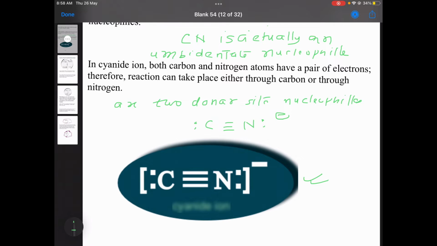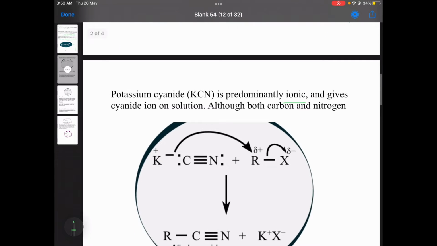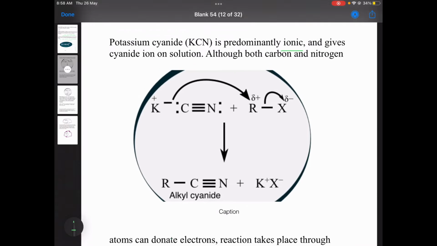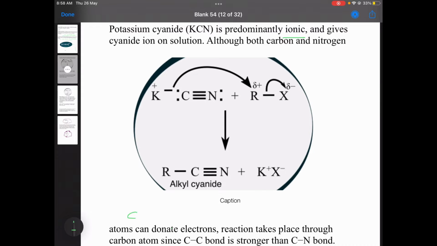Okay. So if an ambidentate nucleophile is acting on an alkyl halide, say for example potassium cyanide, if I take C2H5Cl and treat this with potassium cyanide, KCN, potassium cyanide is predominantly a very highly ionic compound, and it can be segregated into K+ and CN- ions. Whereas C2H5Cl can be written as Cl- and C+.